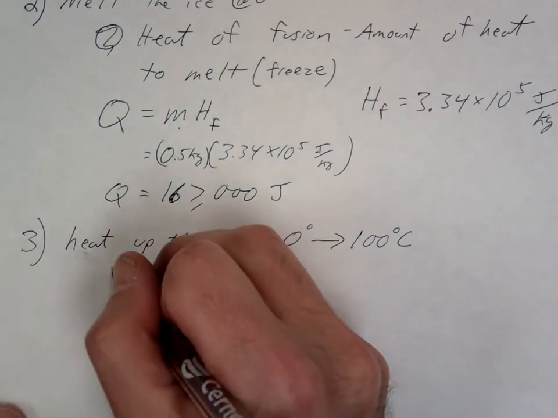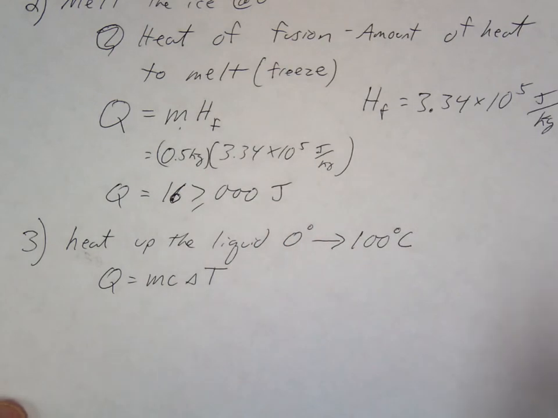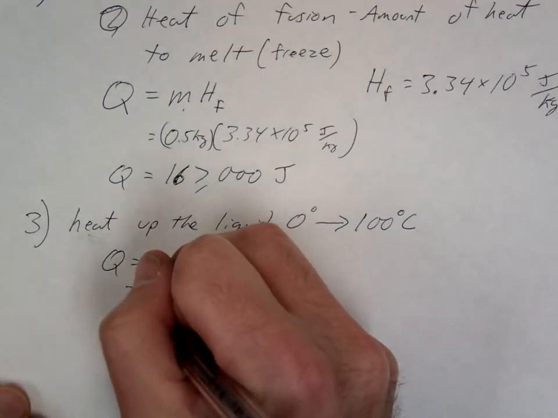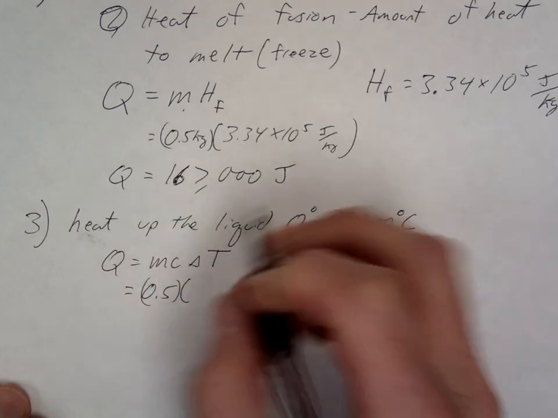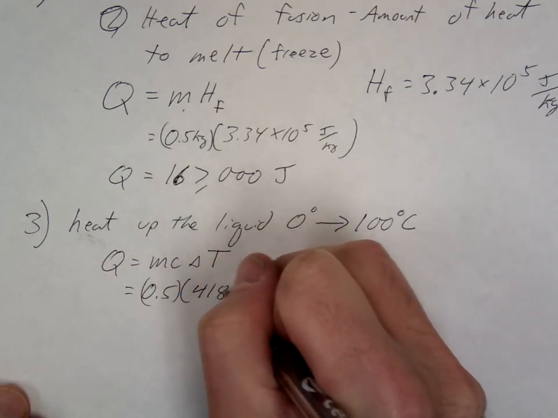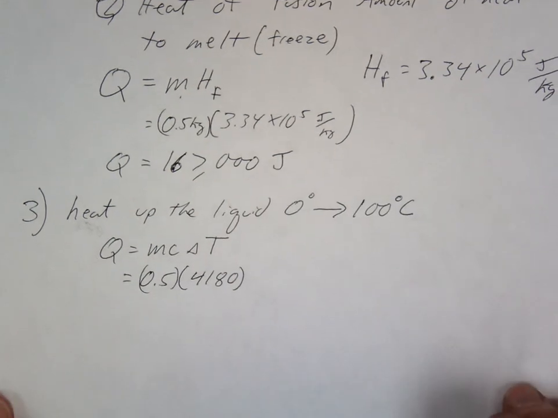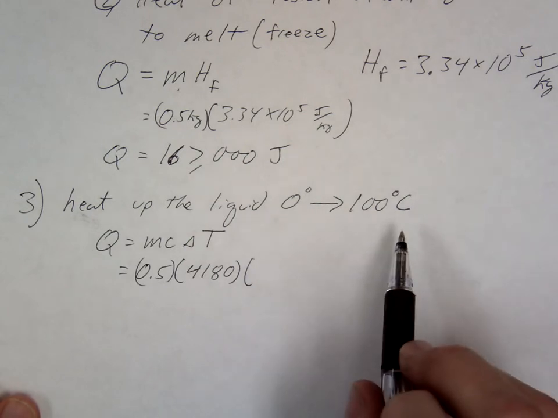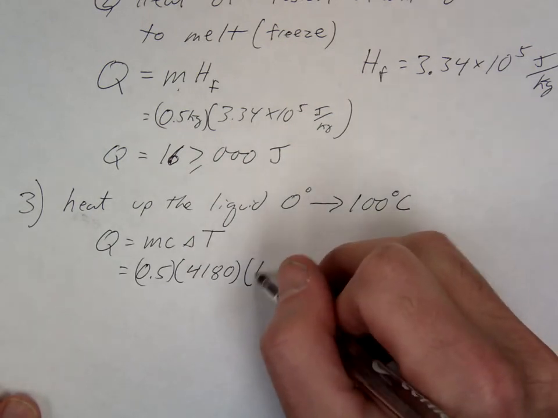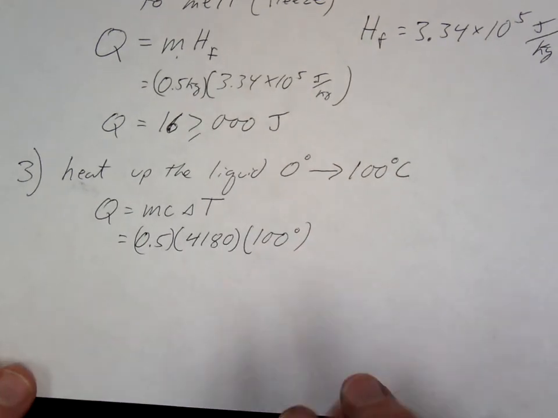Okay, so we're going to use MC delta T. .5. And now we will use the C. It's in liquid form, so we use the 4180. And we went from 0 to 100, so that's how much of a change? 100.